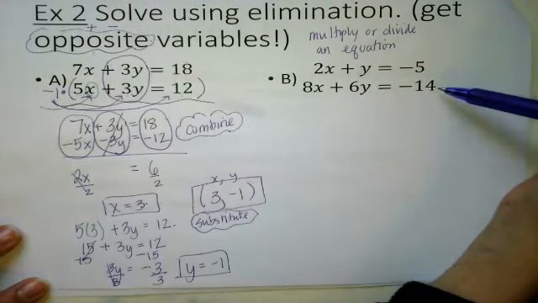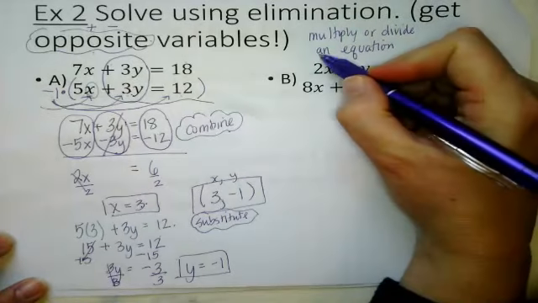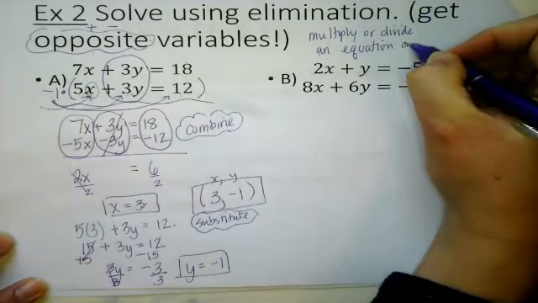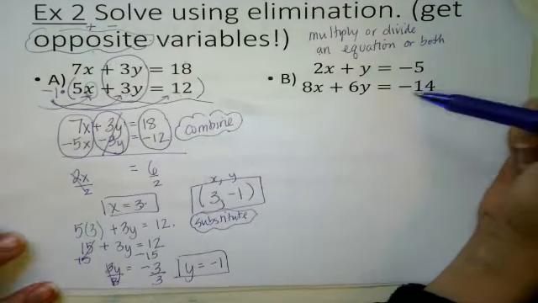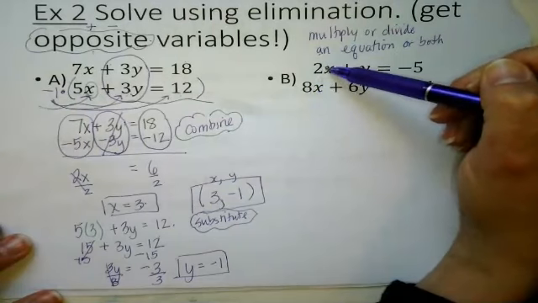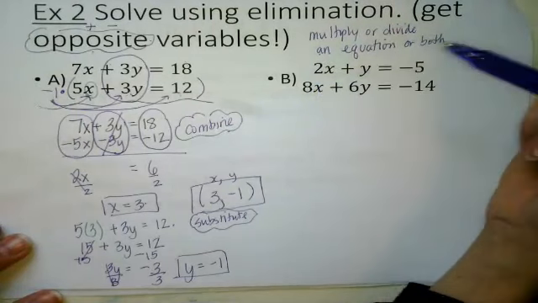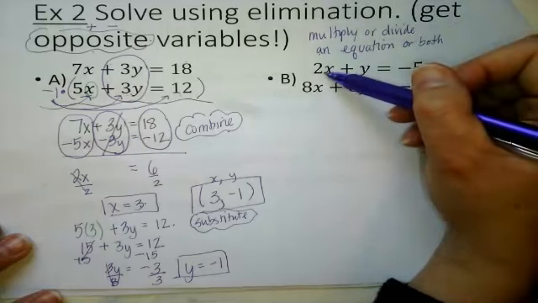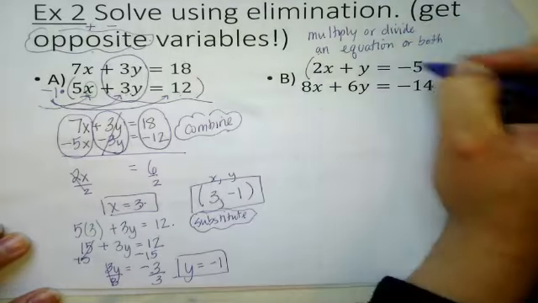I'm looking at numbers. You can multiply an equation or both equations. It doesn't matter. And you can use different numbers if you wanted to. But when I look here, 2 and 8 are what I would call friendly. And so I think what I can do is easily change this 2 into an 8 by simply multiplying by 4.